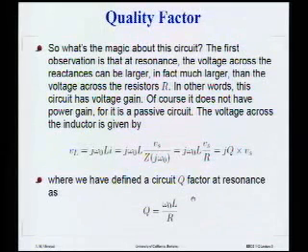That means that the voltage across that inductor is going to be larger than the voltage across the resistor. Now, how large can Q be? Well, it turns out it's a very important question, and we'll come back to this, but it's not unreasonable to design circuits with Qs of 10, 100, 1,000, even higher. In fact, you can design mechanical circuits which have Qs of a million.